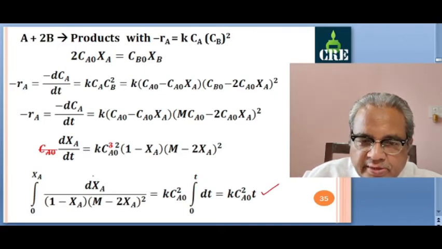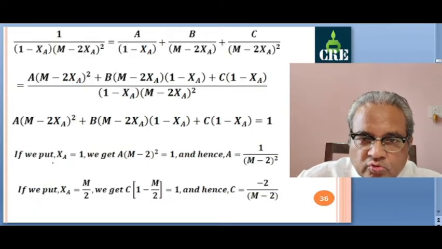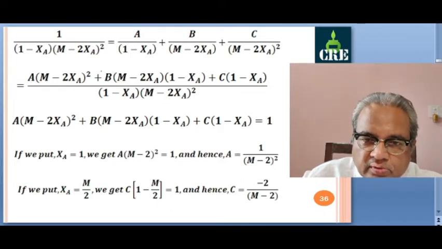On the left hand side, dXA by 1 minus XA into M minus 2XA whole square, between 0 to XA. To split this into partial fractions, we have 1 by 1 minus XA into M minus 2XA whole square. This way I can split it as A upon 1 minus XA plus B upon M minus 2XA plus C upon M minus 2XA whole squared. So the LCM is 1 minus XA into M minus 2XA whole squared, and the numerator we will solve for.